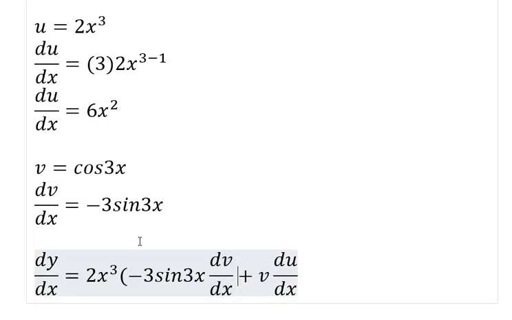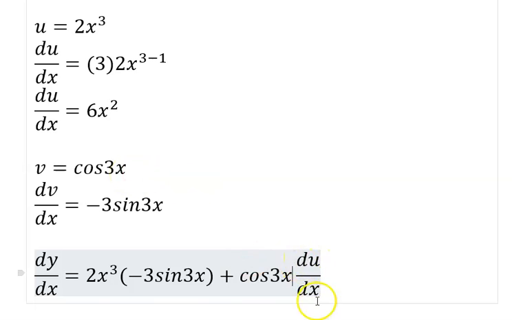What's our v? This is our v, cos 3x. So what's our du dx?